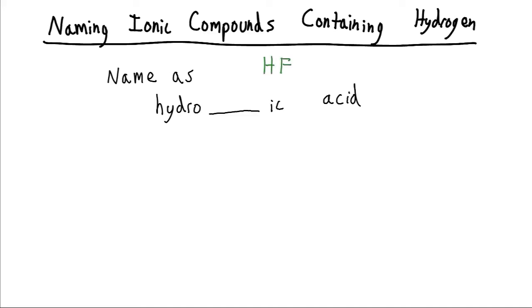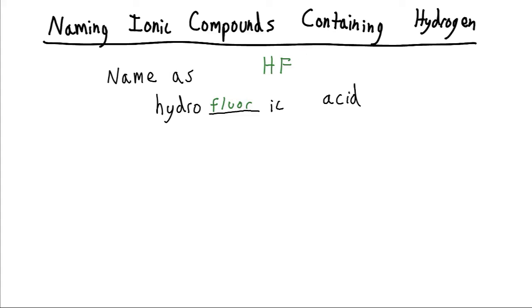This is our nonmetal, the F, and hydrogen is acting as our metal. So that makes it an ionic compound. So this F is fluorine. So we would chop off the last syllable, just write fluor. So we have hydrofluoric acid. That's how we name HF.